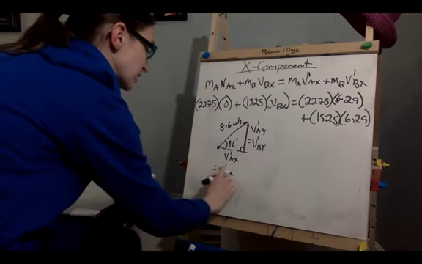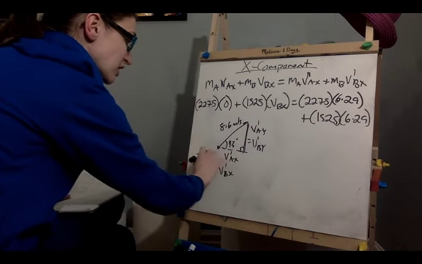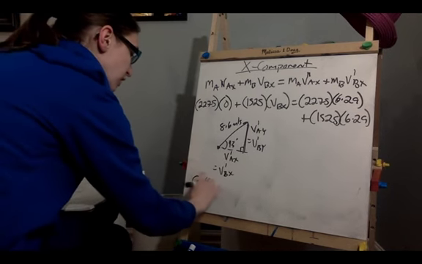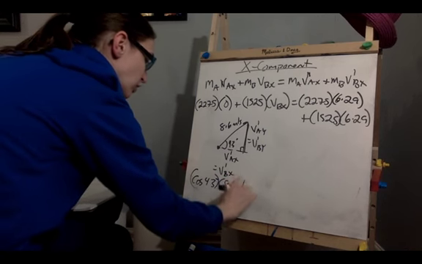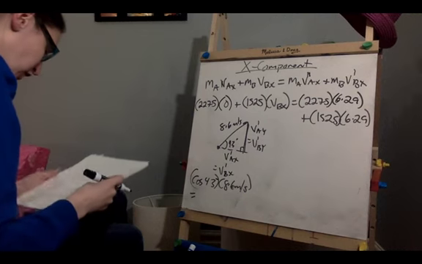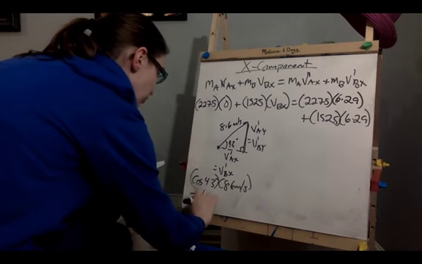The X component is cosine of 43 degrees multiplied by 8.6 meters per second, which gives a value of 6.29 meters per second.